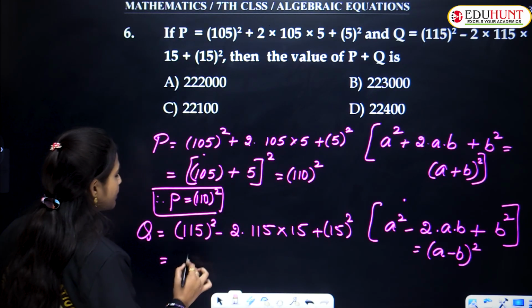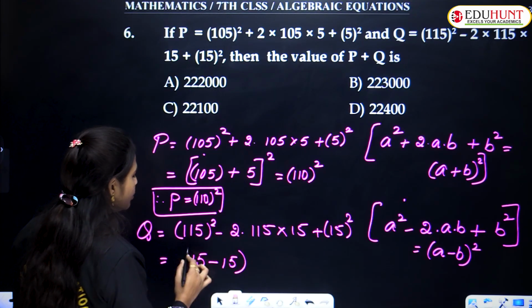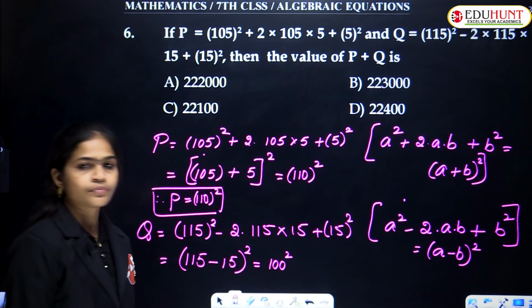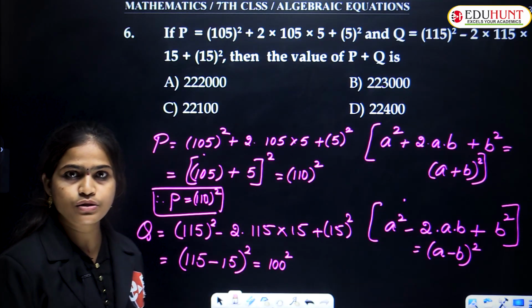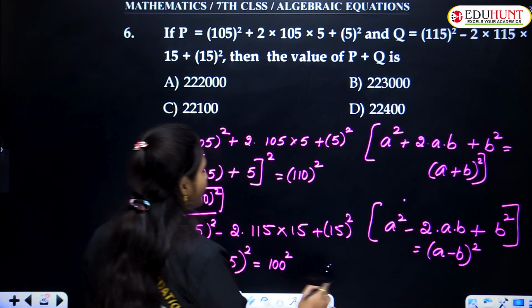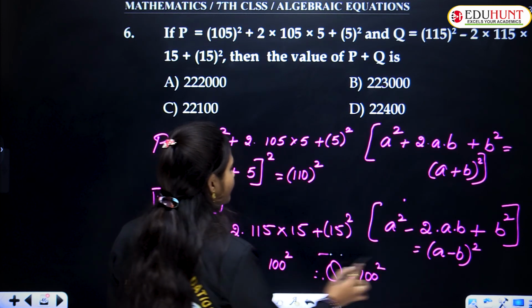So here A is equal to 115 minus B is equal to 15 whole square, which is equal to 100 whole square, since 115 minus 15 is 100. Clear? So this is the value of Q. Q is equal to 100 square.